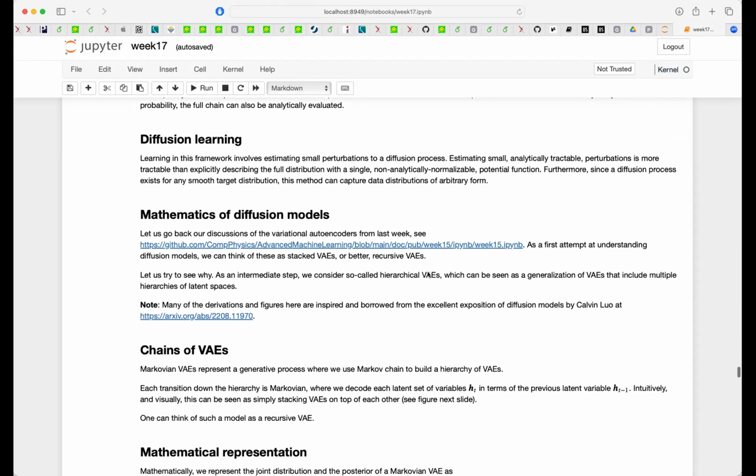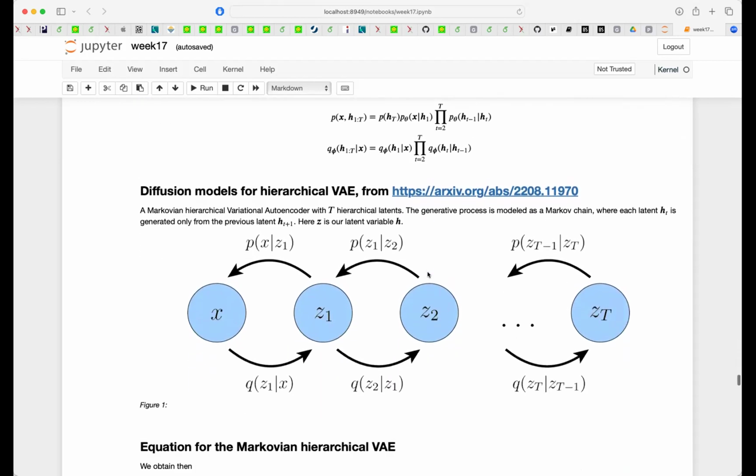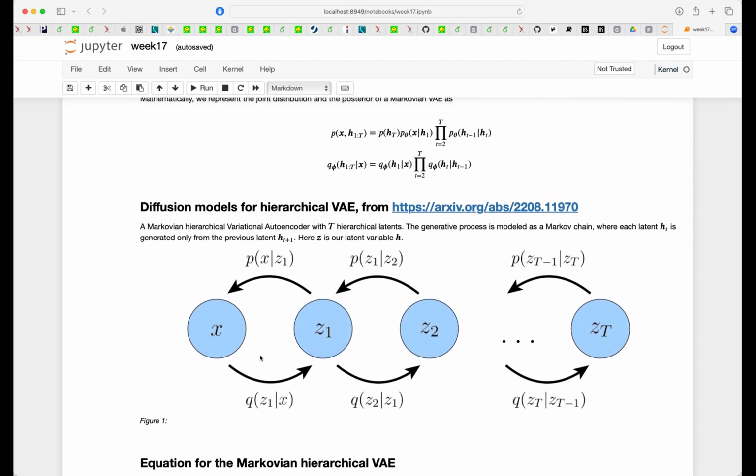And in that sense, you are taking many encoders. Here my latent space, because I borrowed this figure from this article, they define the latent space with Z, whereas I've kept H. But then you have probability distributions which bring you from the original data by setting up a Markov chain.